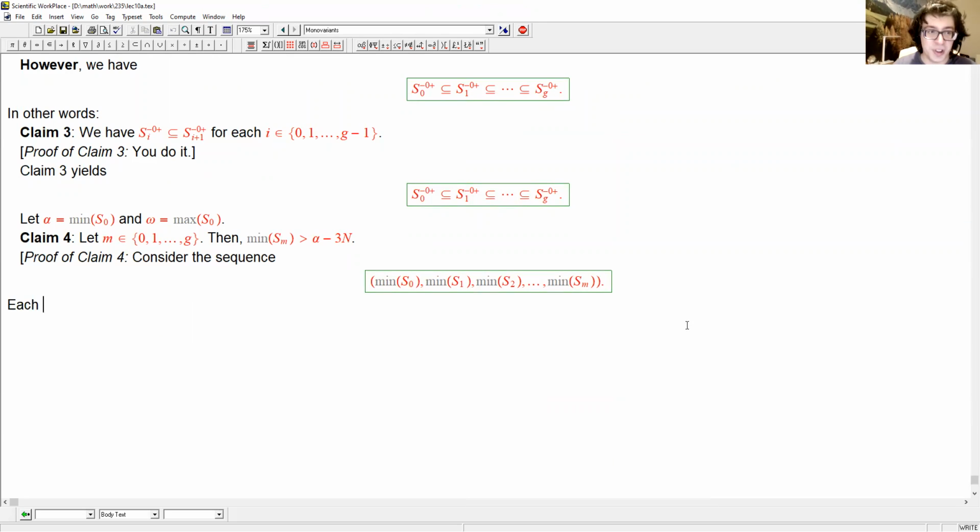So claim 2 shows that each entry of the sequence either equals the preceding entry or equals the preceding entry minus 1.